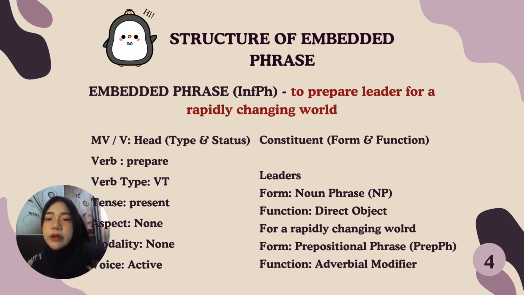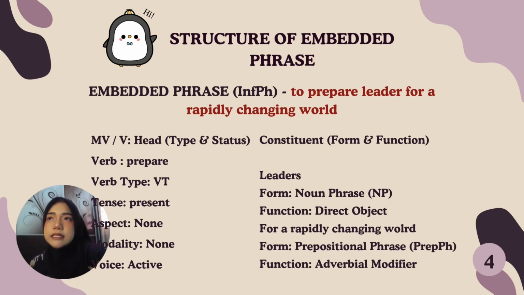So the verb prepare here is a transitive verb, VT, meaning it needs an object to complete its meaning, because we can't just say to prepare. We must say what or who is being prepared. In this case, the direct object here is leaders. The verb prepare tells us what someone is doing. So in this case, they are preparing leaders.